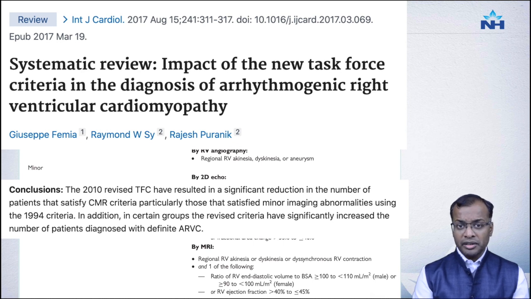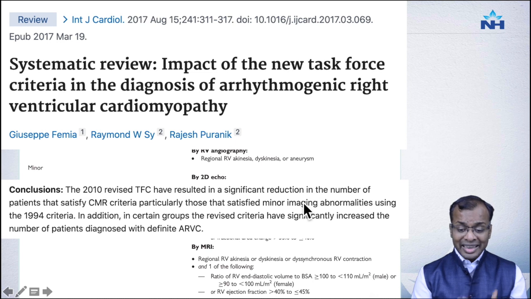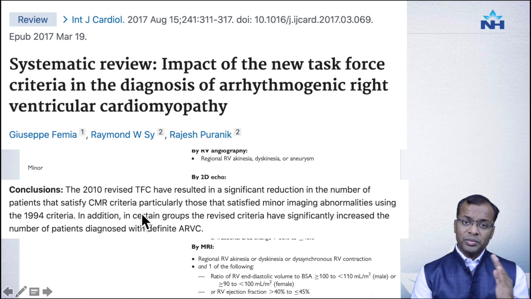This was one of the reviews which looked at multiple studies, and they came up with a very conclusive answer, saying that the newer criteria have resulted in a significant reduction in the number of patients who would satisfy CMR criteria. So, if you have a volume of 95 ml, you would have qualified according to the older criteria, but with the newer criteria you would not qualify.